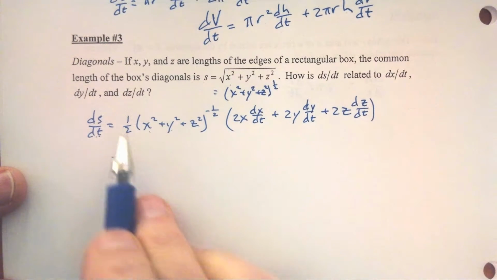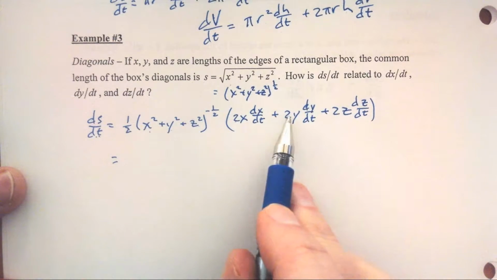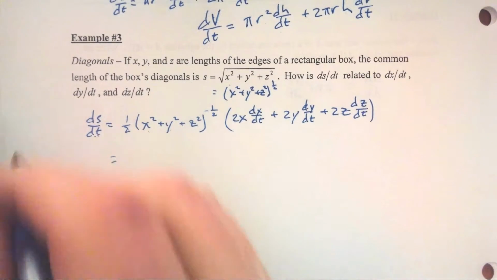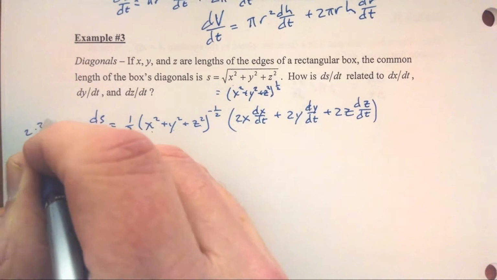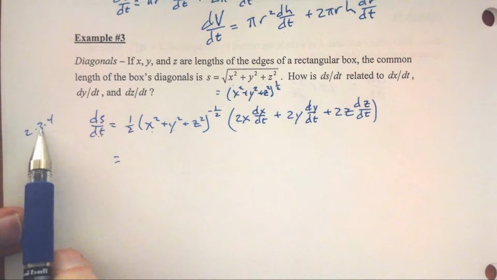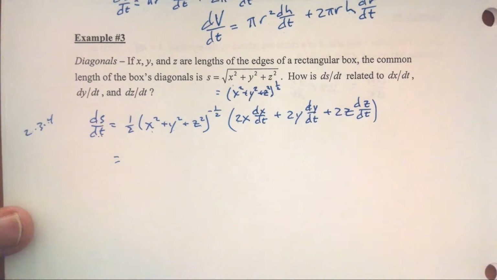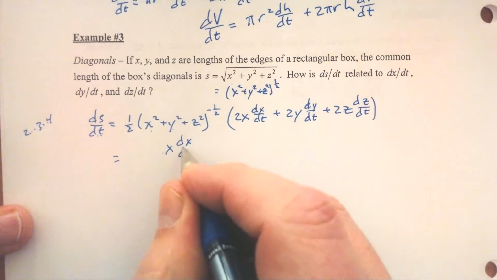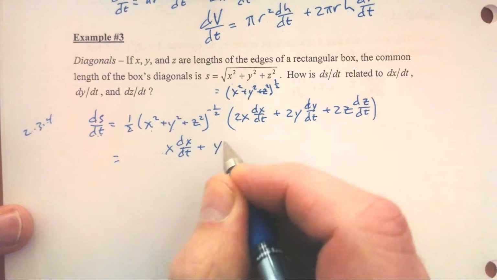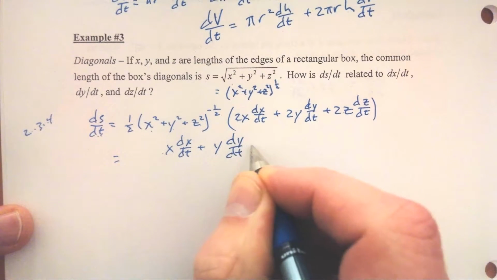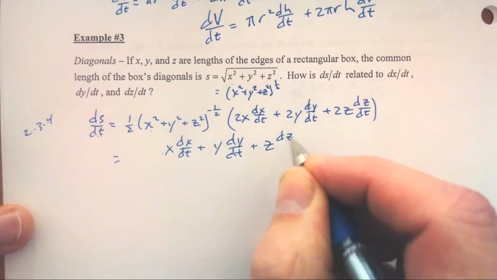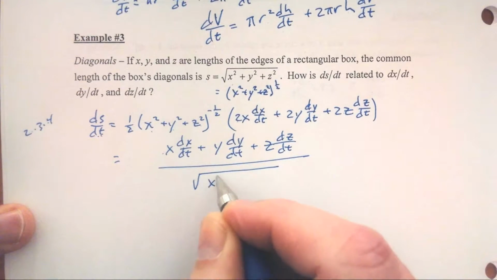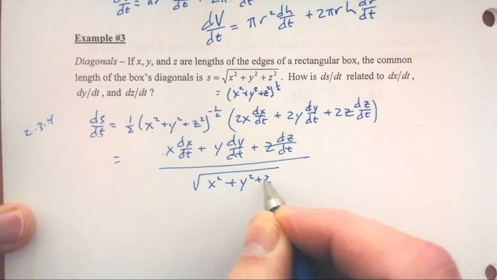So this 1/2, I'm going to distribute that through here, because I don't multiply 1/2 times this and this. In other words, if I have 2 times 3 times 4, I don't multiply 2 times 3 and 4. I just multiply the 3 numbers together in any order. So if I distribute the 1/2, I'm left with x dx/dt plus y dy/dt plus z dz/dt, all over the square root of x squared plus y squared plus z squared.